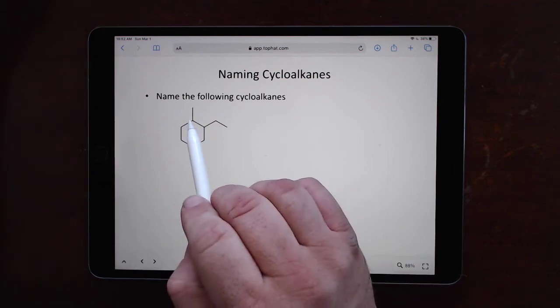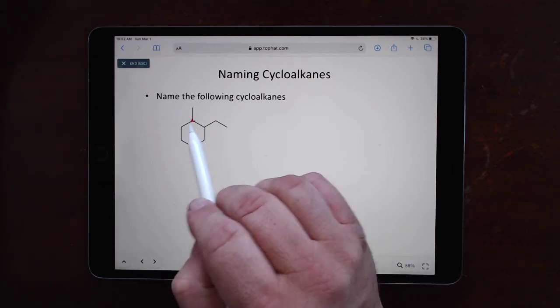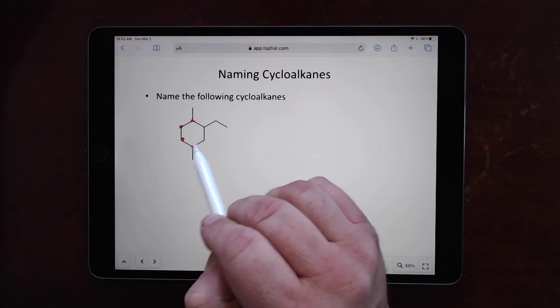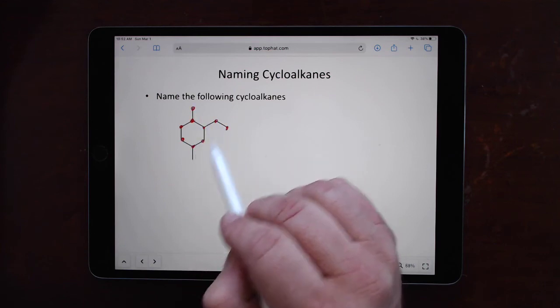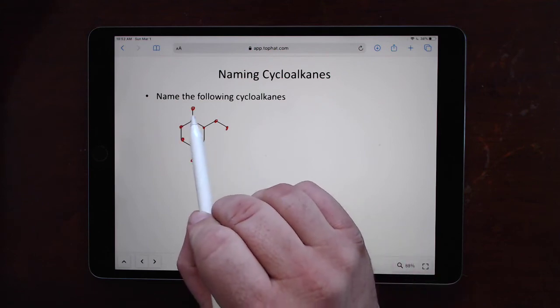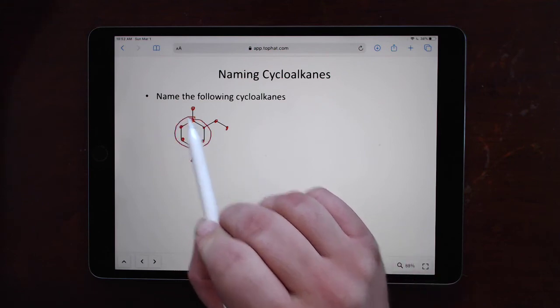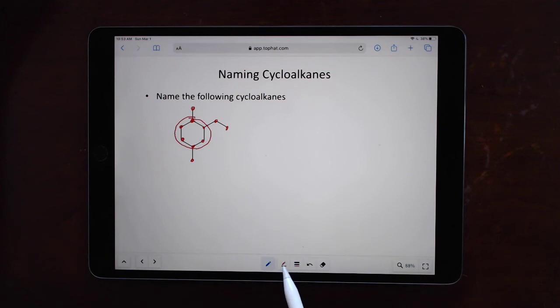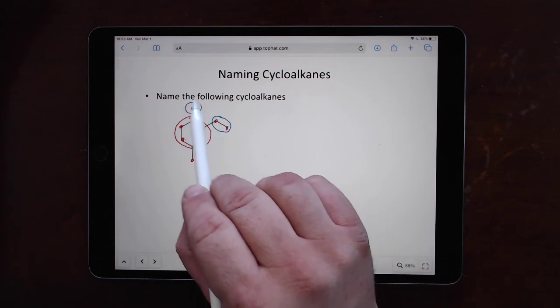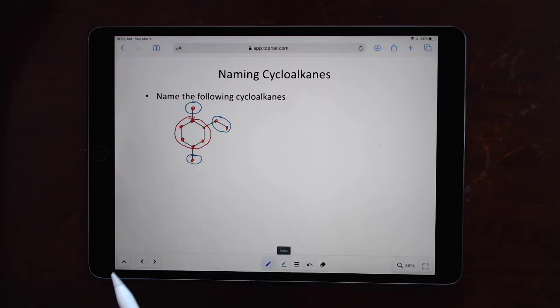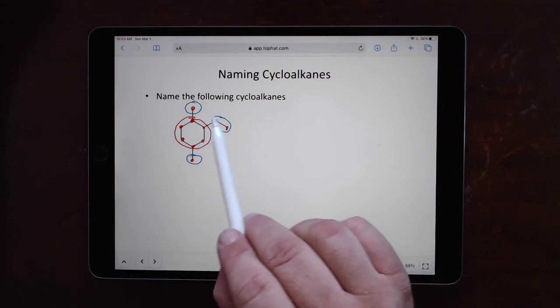So for this one, we'll put in our dots. We have our ring here, 1, 2, 3, 4, 5, 6, and then we've got our linear chains: 2 carbon, 1 carbon, 1 carbon. Notice how this does not go into the ring.